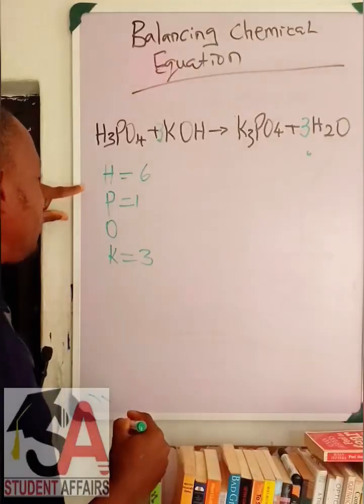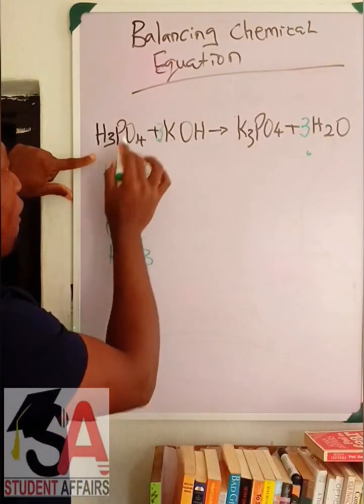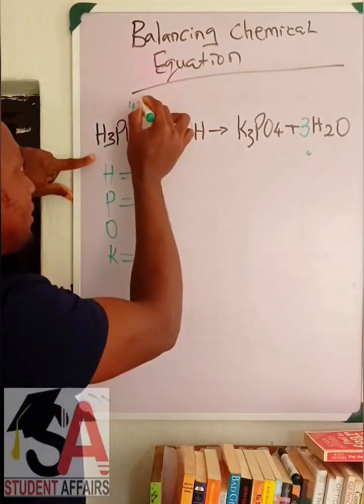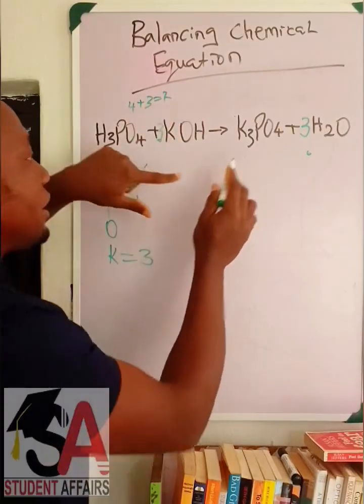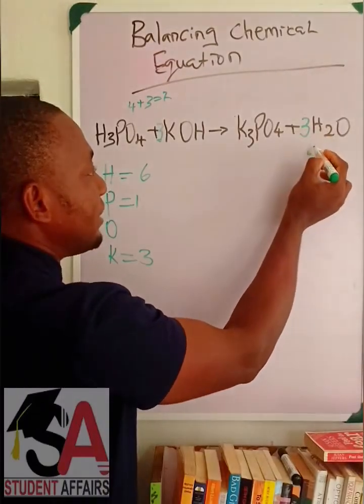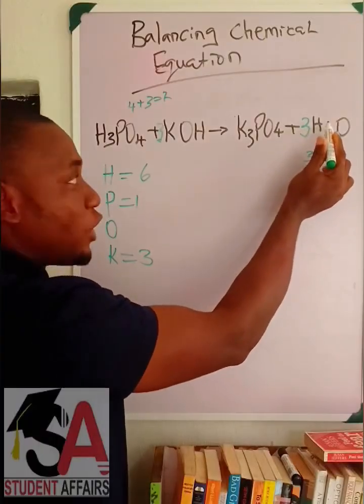So let's look at oxygen. How many oxygen do we have on this side? Here we have 4 plus 1 times 3 is 3. So oxygen is 7 on this side. Let's check the other side. How many oxygen do we have here? 1 times 3 is 3 oxygen, because there is 3 as a coefficient of the compound.